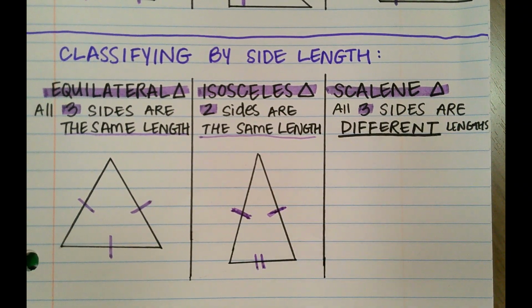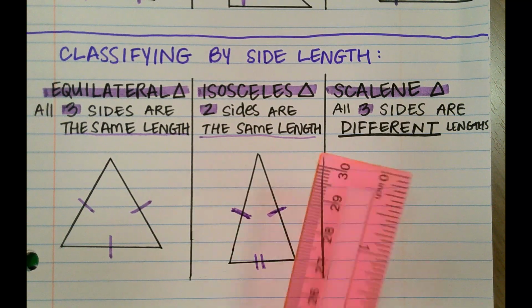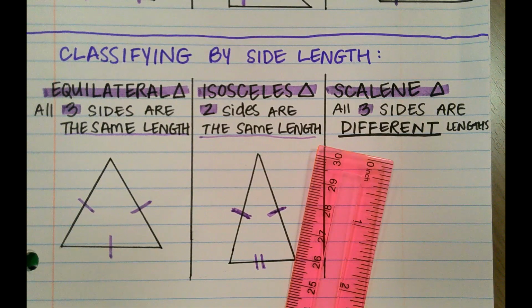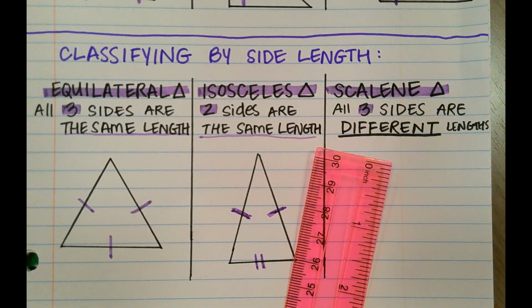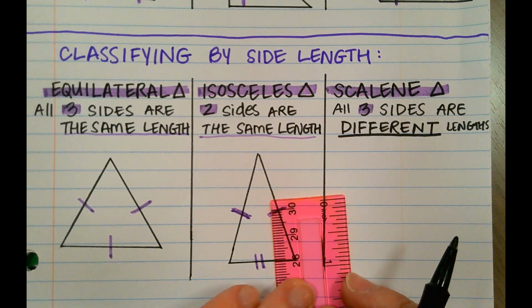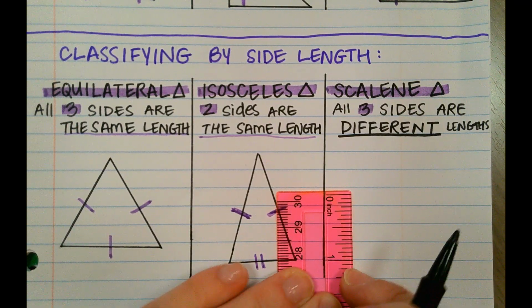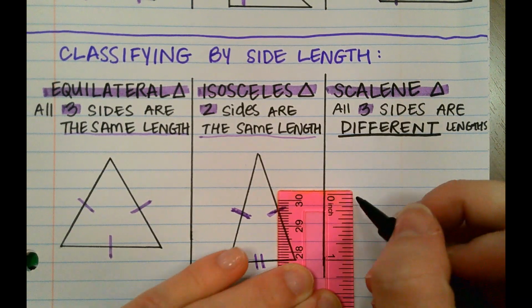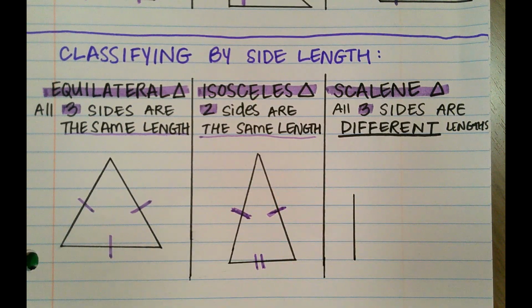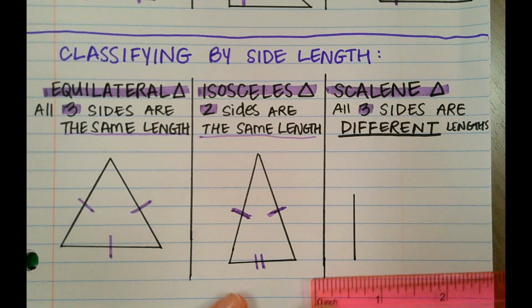Then last but not least, we have a scalene triangle. This one can be kind of tricky to draw. Just do your best. I might start with a line right here, going up and down, and I'm going to make that about 1 inch. And then, if you really want to make a scalene triangle, you can always start with a right angle.